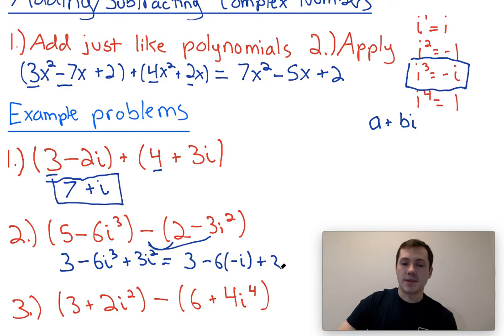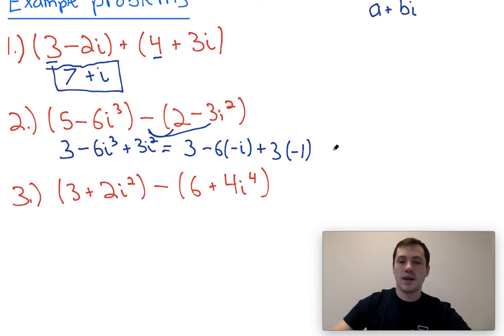Now I'm going to do the same thing with this i squared term. i squared is -1. So instead of writing i squared, I'm just going to write -1 here. And what we find is that when we bring these terms together, we end up with 3 minus 3, which is just 0.